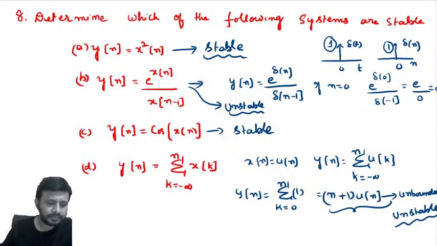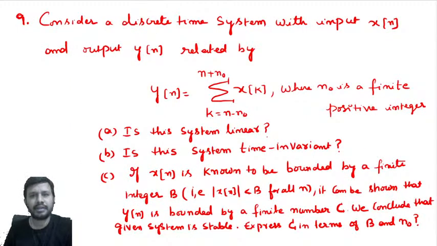Yes, Manu. Ninth one. Consider a discrete time system with input x of n and output y of n related by y of n is equal to summation k varying from n minus n naught to n plus n naught, x of k, where n naught is a finite positive integer.